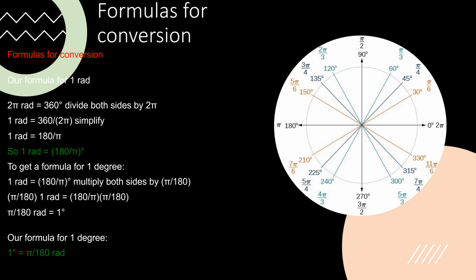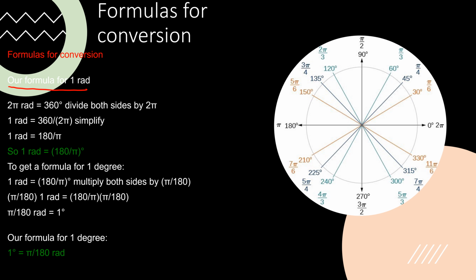Again, we know that 2 pi radians is going to equal 360 degrees. So we're going to divide both sides by 2 pi, because we're trying to solve for 1 radian. So our formula right now, we're looking for a formula for 1 radian.